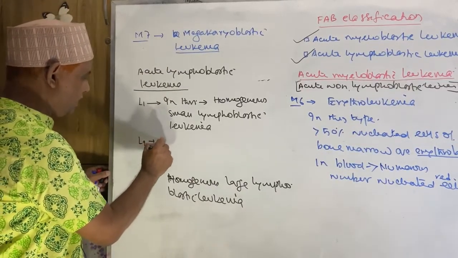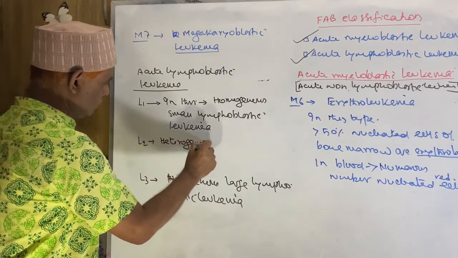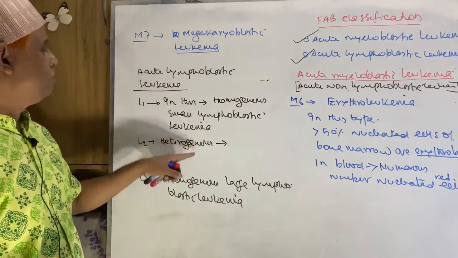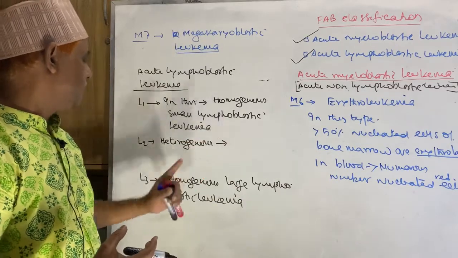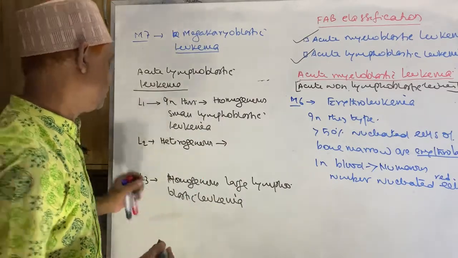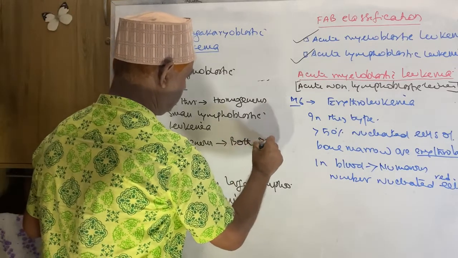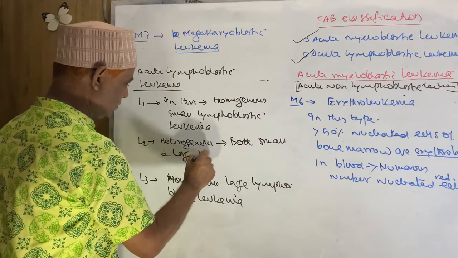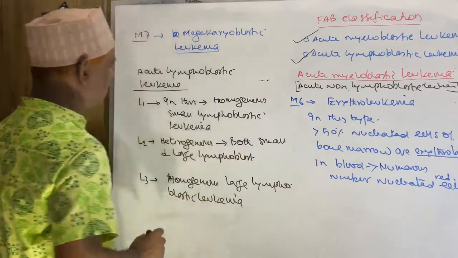It is heterogeneous. Why is it heterogeneous? In this L2 type of acute lymphoblastic leukemia, we get both small and large lymphoblasts. So it is called heterogeneous.